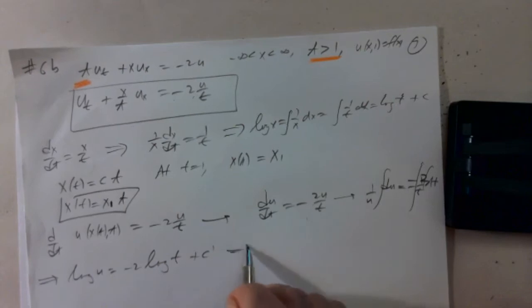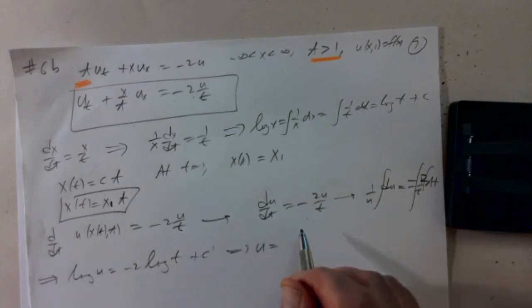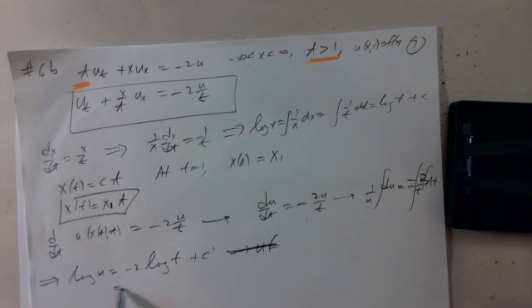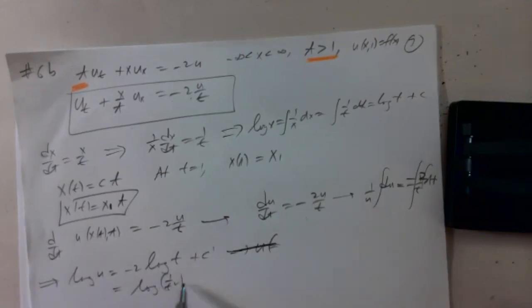So u equals t to the minus 2 times the constant. So this is the same as log of t to the minus 2, 1 over t squared, plus a constant.